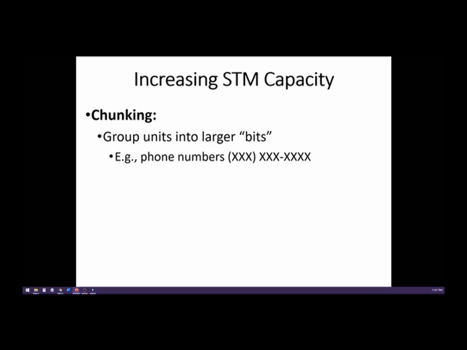And phone numbers are a fantastic example of this, because a full phone number, including our area code, is going to be 10 numbers. That's way too many numbers if we're going off the idea that we have a digit span, or our capacity, for only 7 bits. So 10 is too many. But we tend to do pretty well with phone numbers.